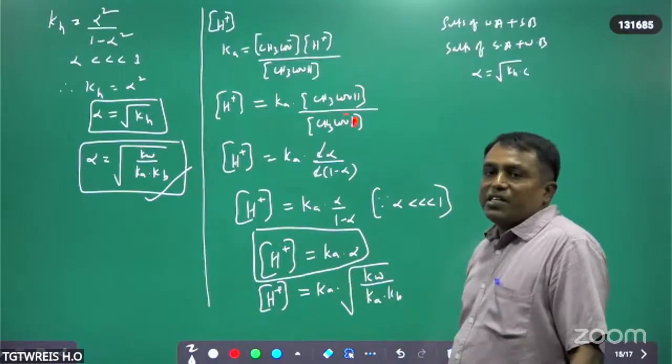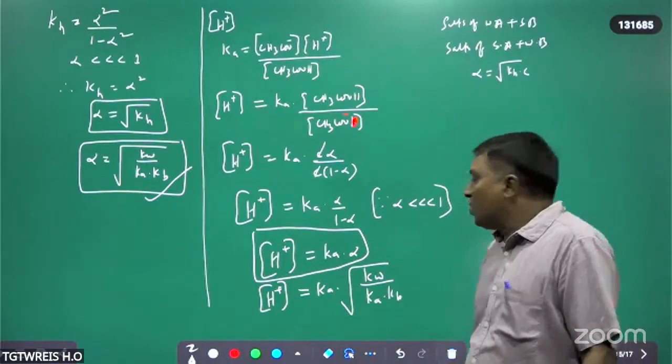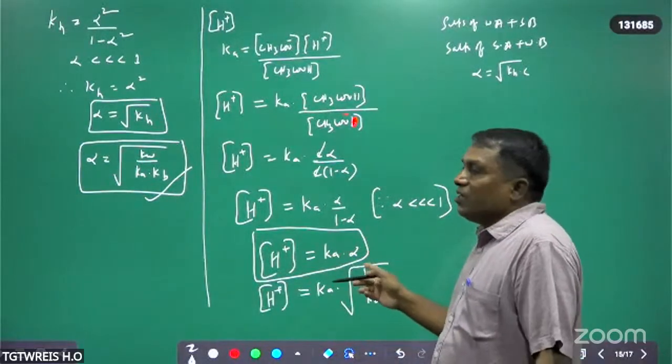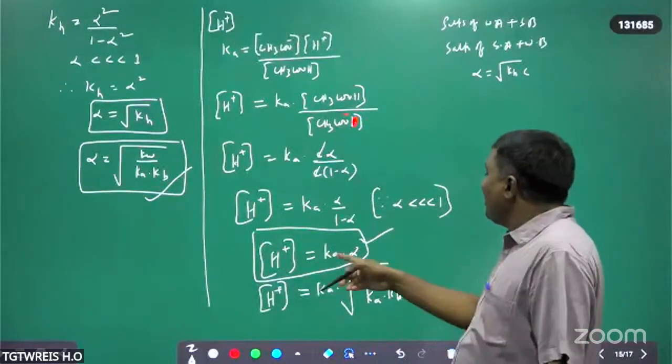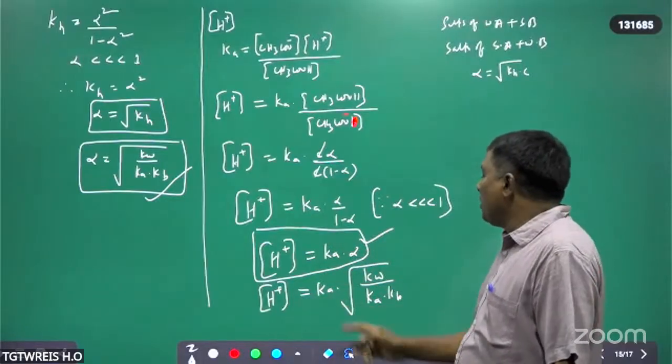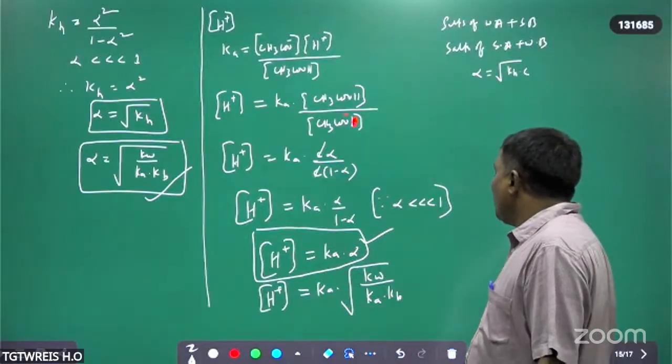What is alpha? We already deduced this equation: alpha is equal to under root Kw by Ka into Kb. In the previous cases, H plus ion concentration was C into alpha, but in this case it is Ka into alpha. So H plus is equal to Ka into under root Kw by Ka into Kb.